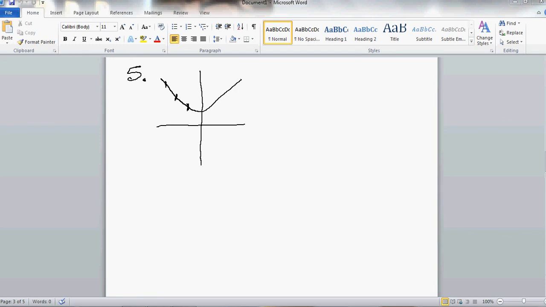But then it starts to curve around so that eventually right here at 0, it has a slope of 0. So for the most part it's negative 1, negative 1, negative 1, then it starts going maybe negative 1/2, negative 1/4, and then 0.